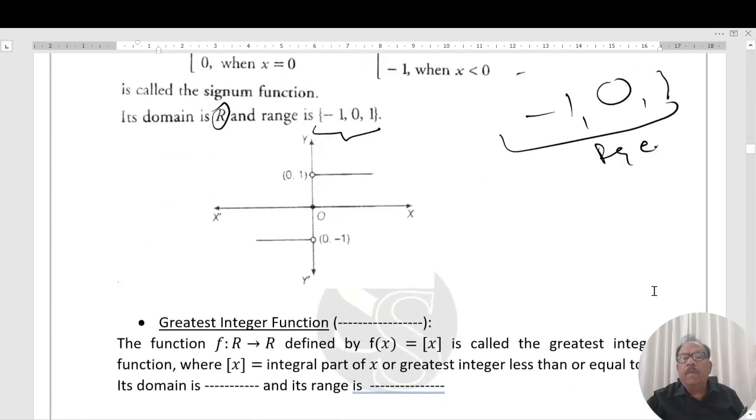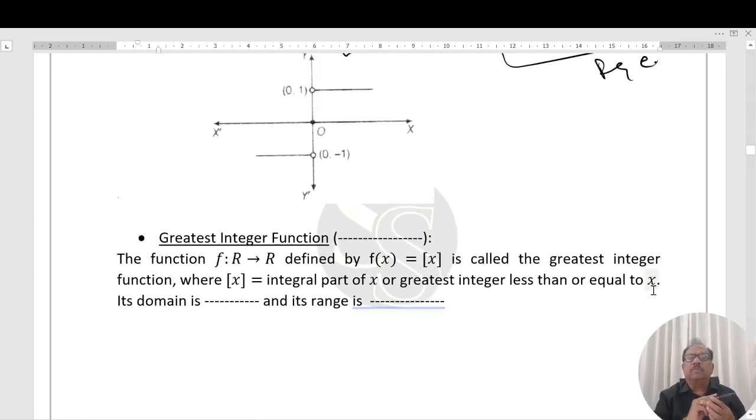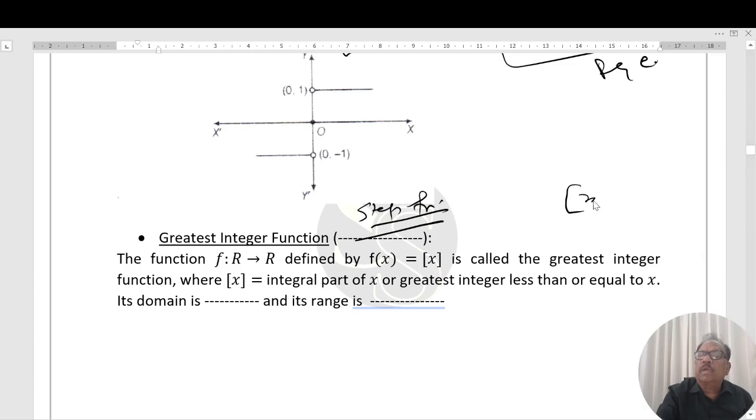Right? Greatest integer function. Its another name is step function. It is the function from R to R defined by f(x) equal to, noted by this bracket.